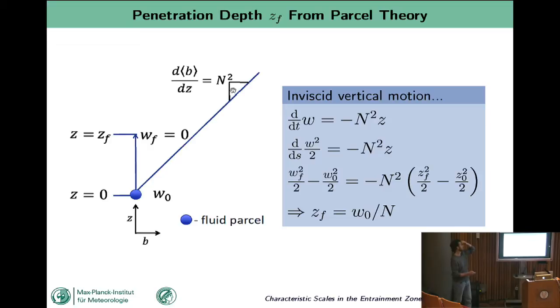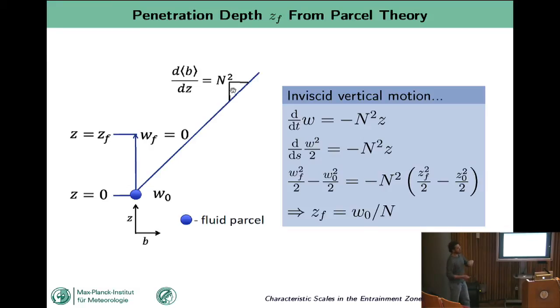And what you have to keep in mind is that you have a background stratified environment, which I have introduced already before in the sketch. So the environmental buoyancy keeps increasing in height, so that the parcel of fluid, when it moves upwards and transports with itself its own buoyancy, feels a different background buoyancy at different heights. And the question is simply, what is the maximum height that you obtain for a given initial velocity? That's it. Okay, so it's really high school work.